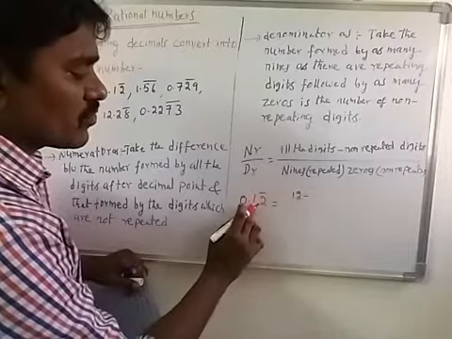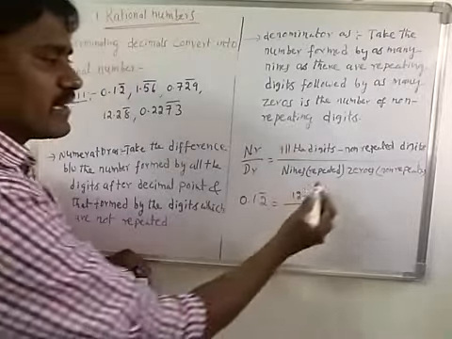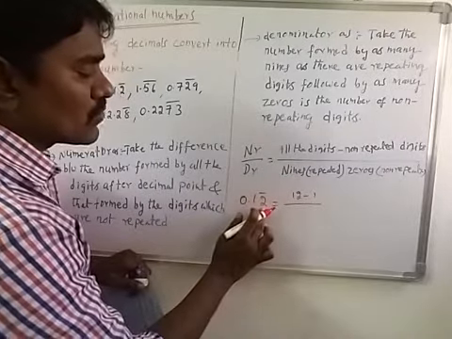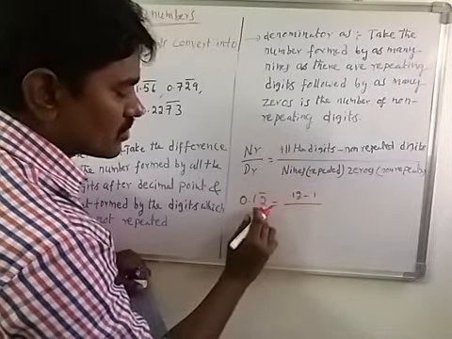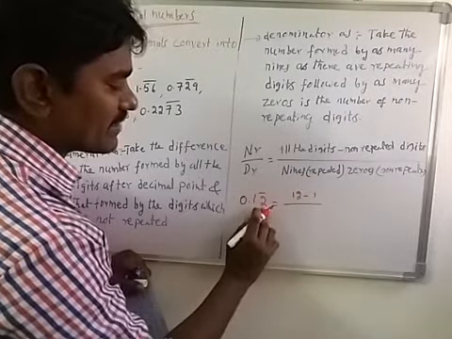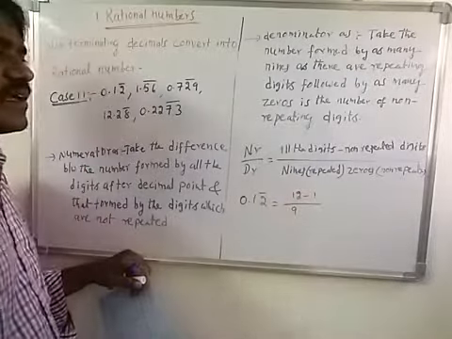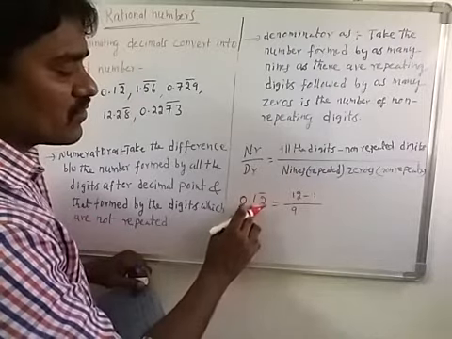Non-repeated digits, how many? Only 1. So we write 12 minus 1. The repeated digit is 2, so we take as many nines, that is one 9. And after the point the non-repeated part is 1.